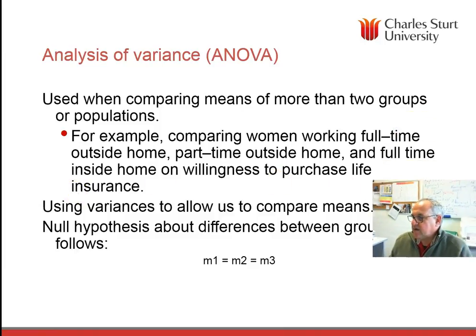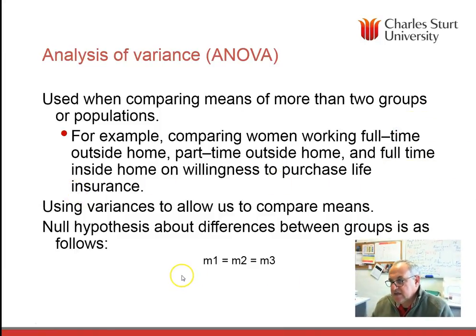Now the analysis of variance is similar, but the test is quite different. The question it's asking is the same, but now we're dealing with two or more groups, such as working full-time, part-time, or outside the home, and willingness to purchase life insurance. The null hypothesis is about differences in means, but also about differences in variability around each of those means.